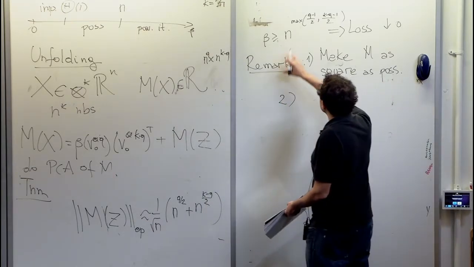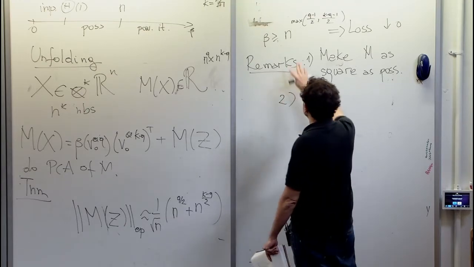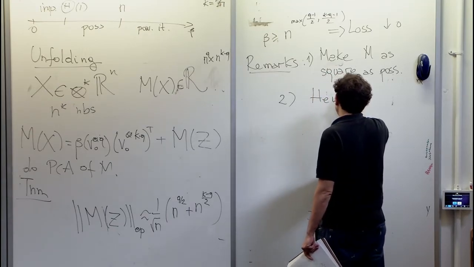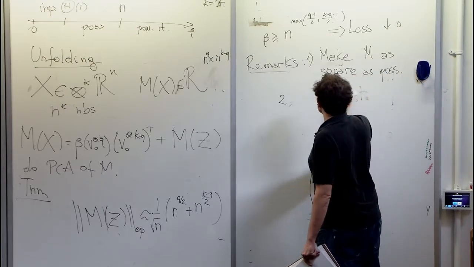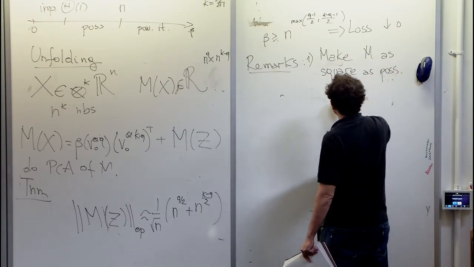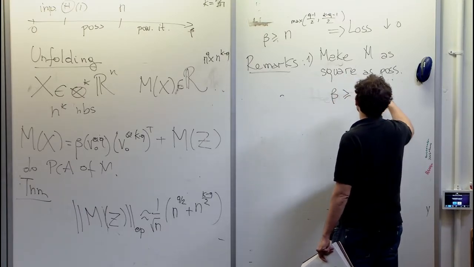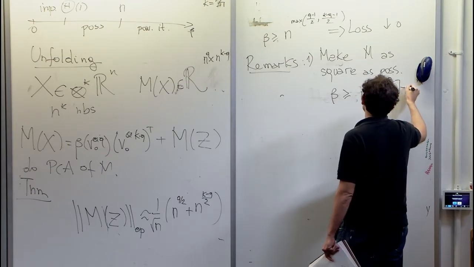Second, the bound here is loose in the sense of the heuristics. Let's say if it is as square as possible, this means that it's sufficient to take beta larger than n to the 1/2 and then C L of k over 2 minus 1.